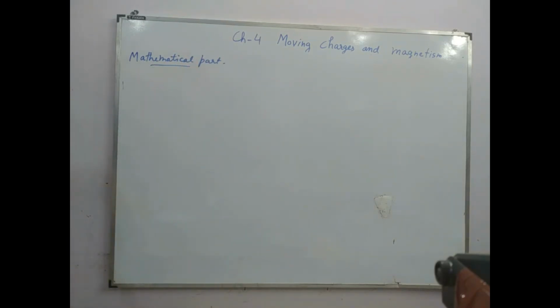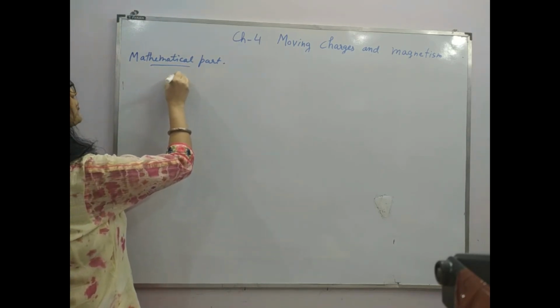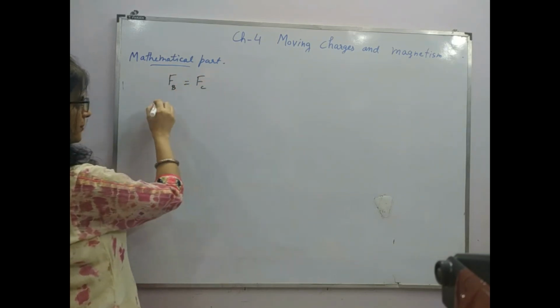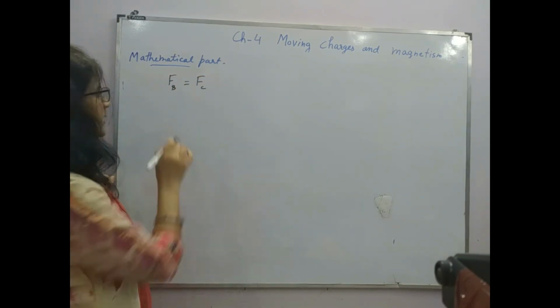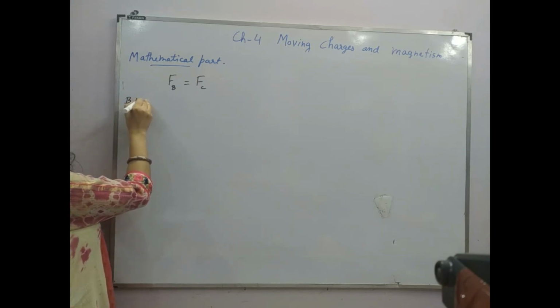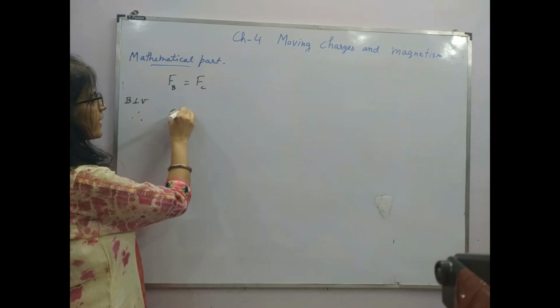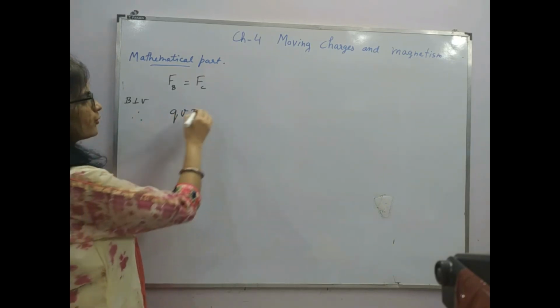For this mathematical part, we need to recall whatever we have studied in the motion of a charged particle. We know that here also the magnetic force is providing the centripetal force. So as before, the magnetic force provides the centripetal force. Now the magnetic field is perpendicular to velocity. Therefore, the maximum force will be QvB.